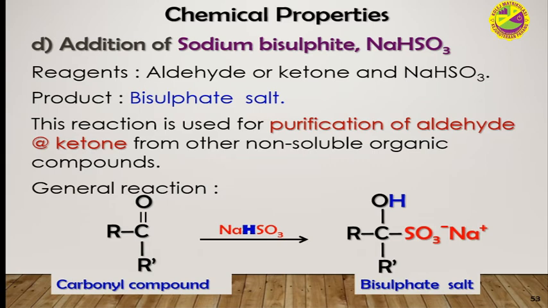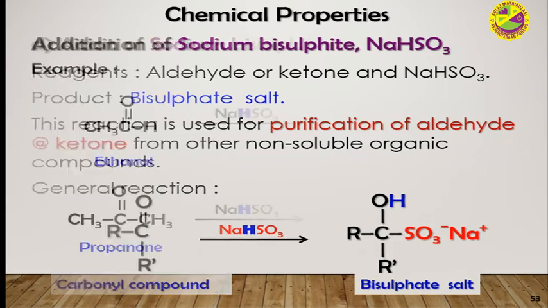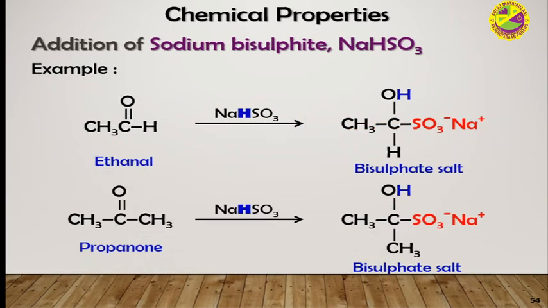The oxygen now becomes OH and the carbon has another single bond attached to SO3 minus Na plus that is provided from NaHSO3. This product is called bisulfite salt. We can see from the examples as follows.